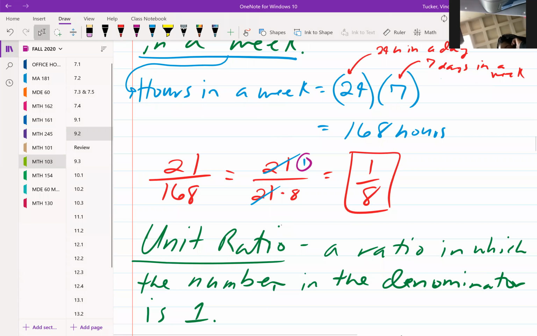All right, so our unit ratio is going to be a ratio in which the number in the denominator is 1, just like when we had unit rates, the number in the denominator was 1. So unit ratio follows the same thought process, having the denominator as 1.